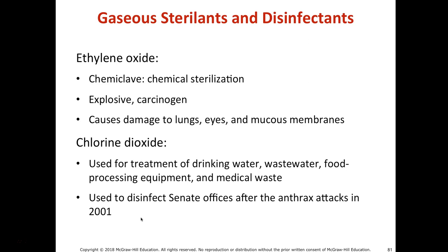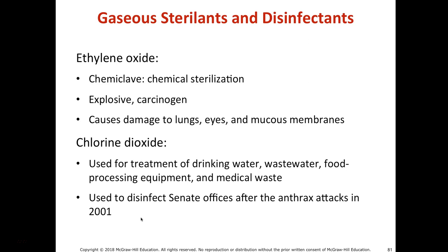So usually we don't want it handled just by anybody. You want to make sure you have the proper training here. And they usually are going to combine it with a high percentage of carbon dioxide or fluorocarbon in order to make it less explosive.